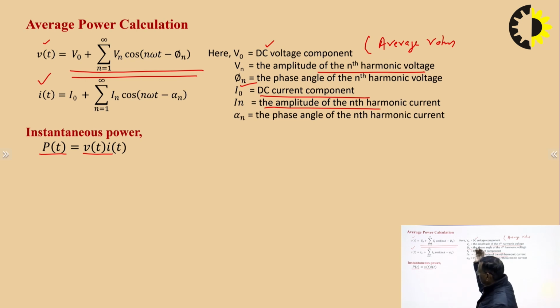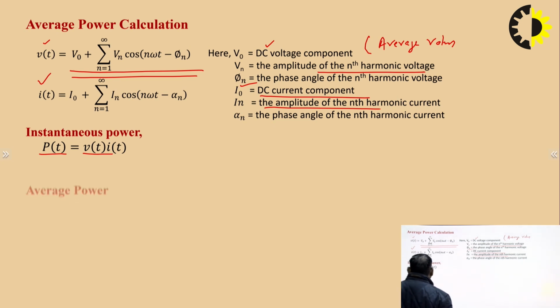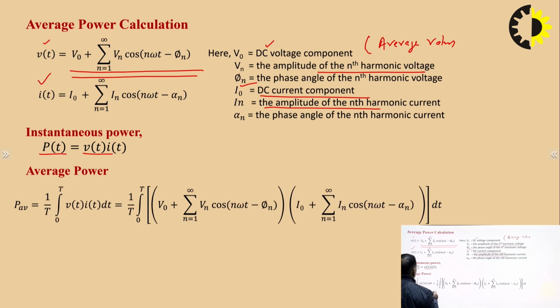So how do we get the instantaneous power? We take the product of this voltage and current. To get the average power, we integrate v(t) times i(t) over 0 to T and multiply by 1 by the time period T. So it is the average power.